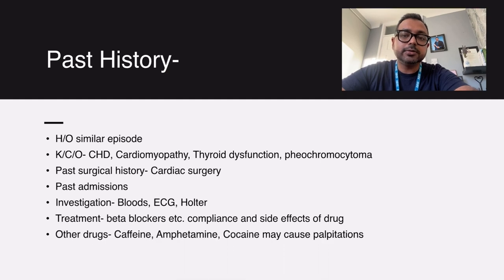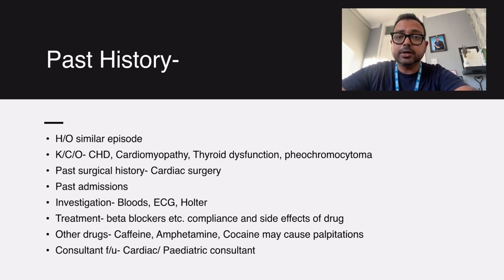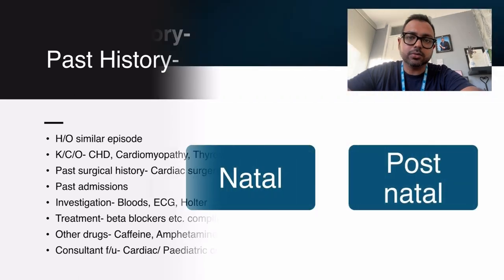Any other drugs like caffeine and methylphenidate may lead to tachycardia, which may have caused the palpitation. Illicit drugs like cocaine may lead to palpitation as well. Any consultant follow-up, like any cardiologist or pediatric consultants, associated with the care or not.